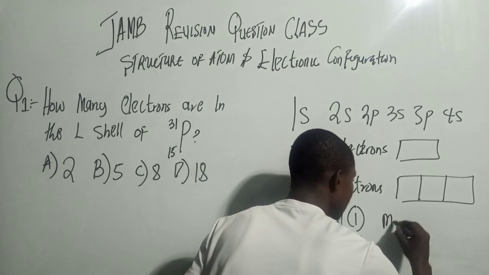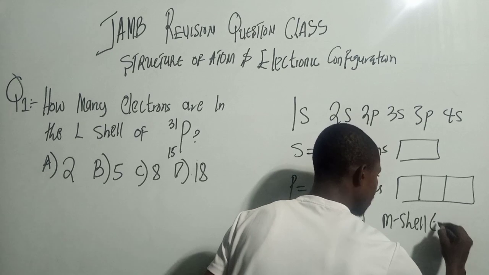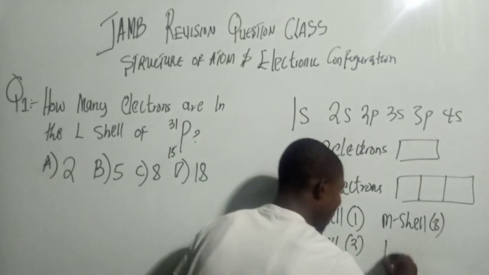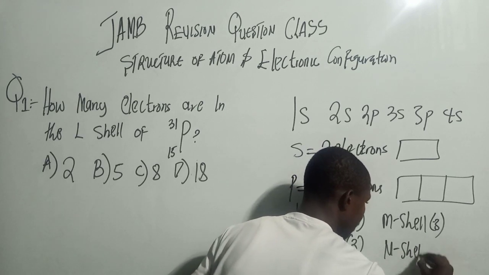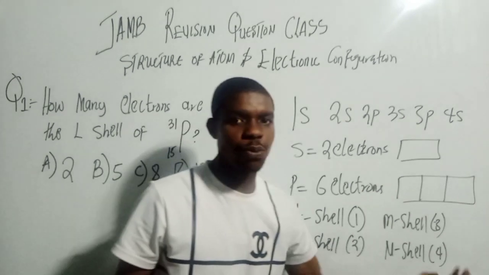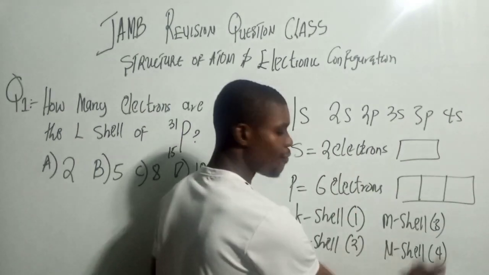My M shell is my third energy level. My N shell is my fourth energy level. Do you get that? We have up to 7, but those are not important because these are our focus.